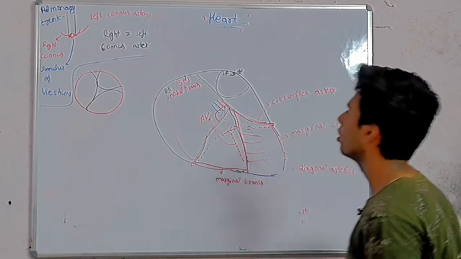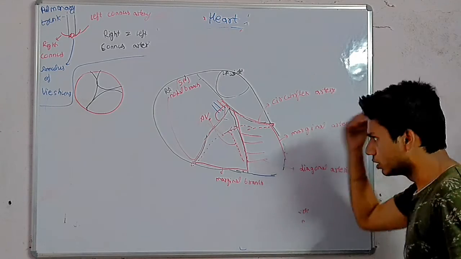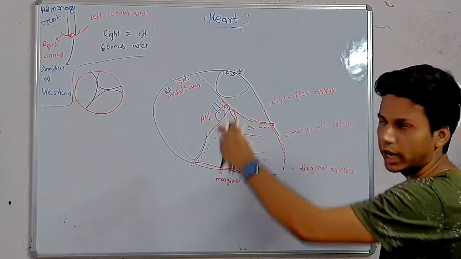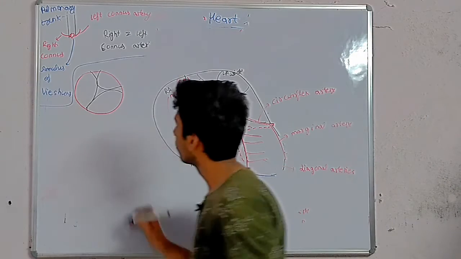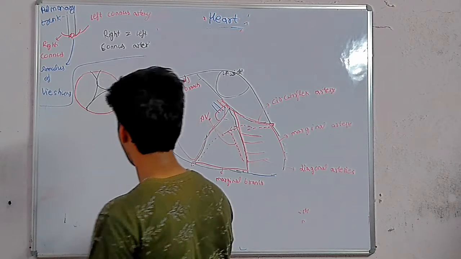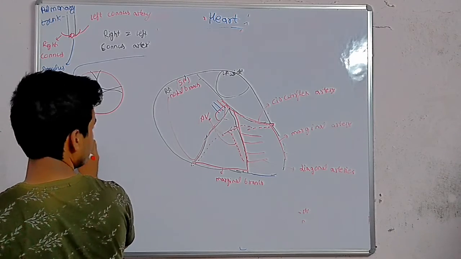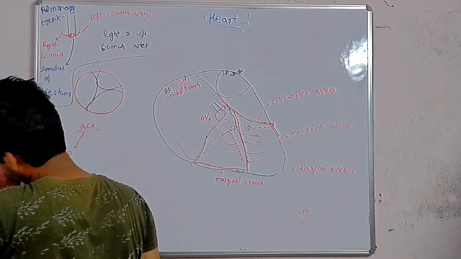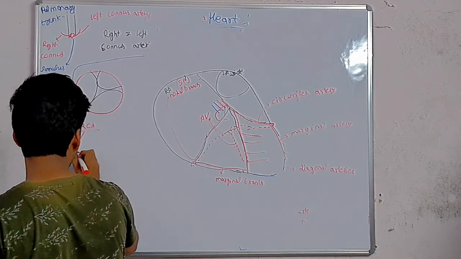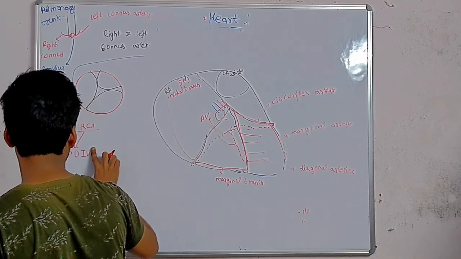These are the diagonal arteries. So these are the whole main branches of the right and left arteries. Then RCA supplies the right side and LCA supplies the left side. So first we know the whole chart: RCA, the right coronary artery, gives a branch, the posterior descending interventricular artery.